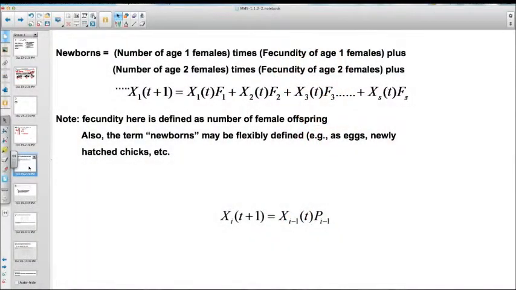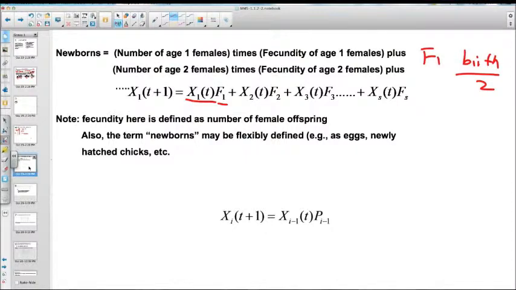How much population contribution does it equal? The population of the first year mothers, the eggs, divided by 2, by the way, because we assume half are female. That's the F1. It's the birth rate divided by 2.